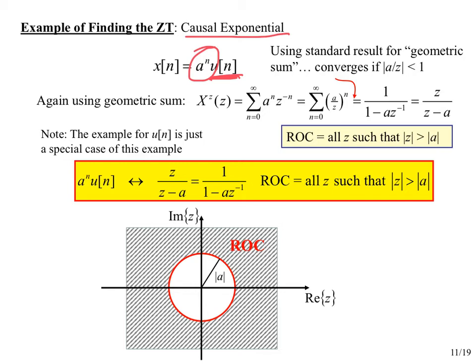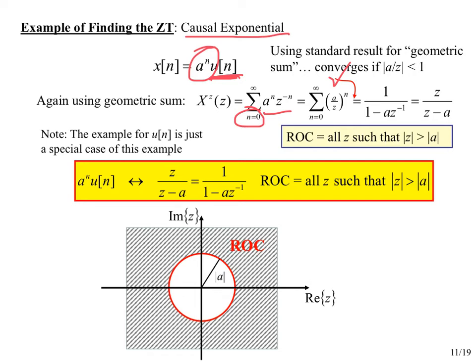But let's take a look at what happens for the z transform. So we plug in our result. We don't need to put the u of n in there because we've already limited our sum from n equals 0 to infinity. Going here, we've just rewritten. We've taken the a to the n, and then we've interpreted z to the minus n as 1 over z to the n. And then we've combined the a and the 1 over z together, just using properties of exponents.